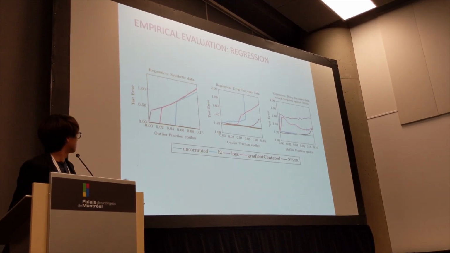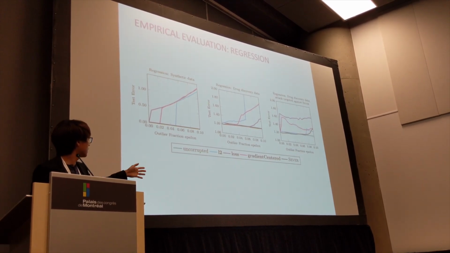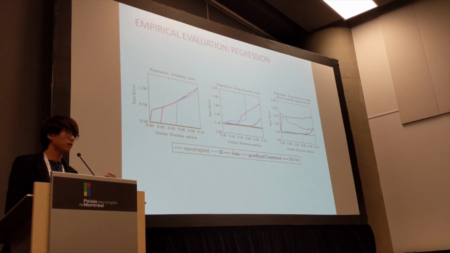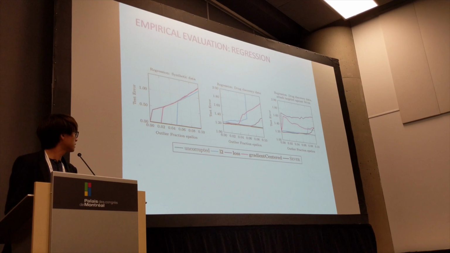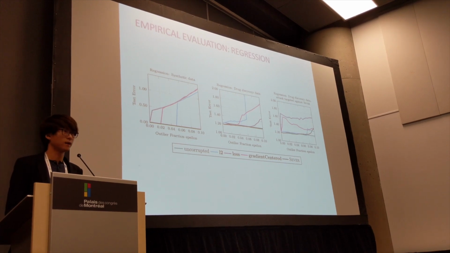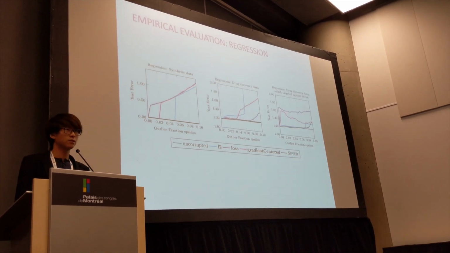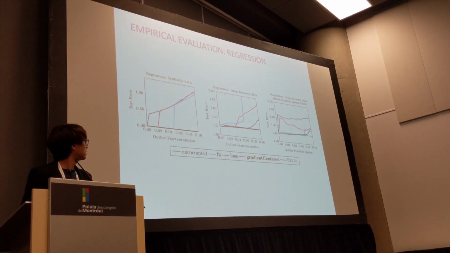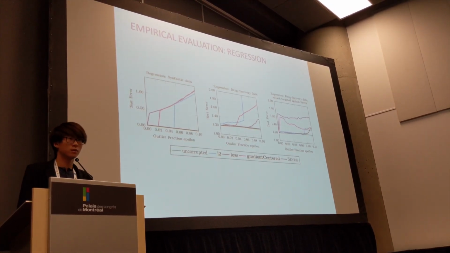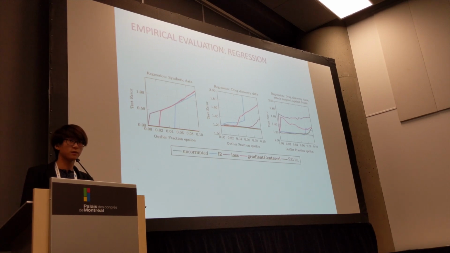And you can see the other benchmarks, like L2 or loss or whatever these mean, their error does really blow up as epsilon increases, but ours stays pretty flat. And even when you target these attacks to do the worst that they can against our defense, which is the third figure, you can see we still do quite well. So this is in the case of regression.